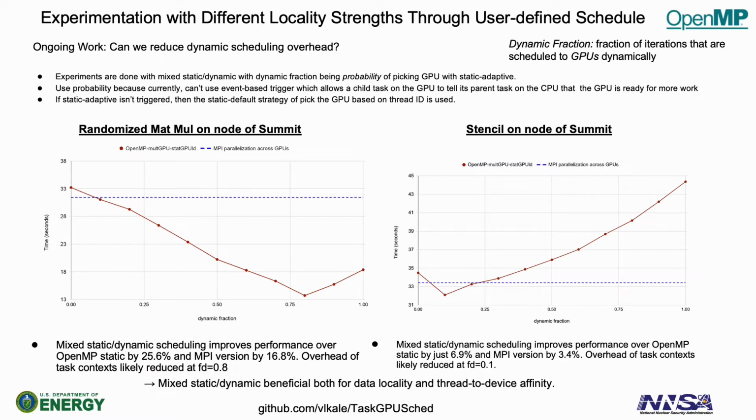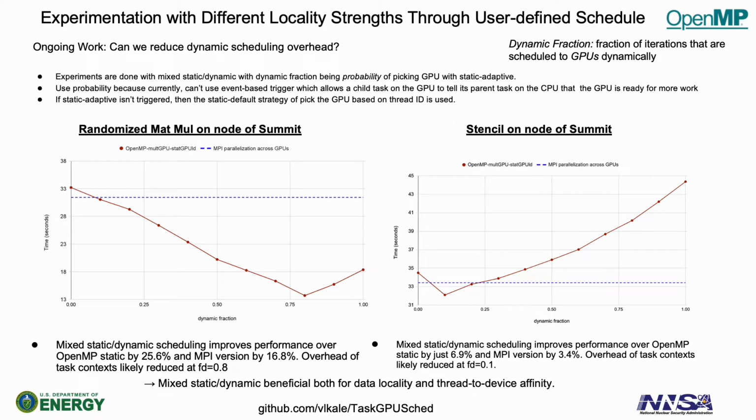We then experiment with different locality strengths, and so we basically tune that dynamic fraction. Here, the dynamic fraction is the probability of picking a GPU with static adaptive scheduling instead of purely static scheduling.